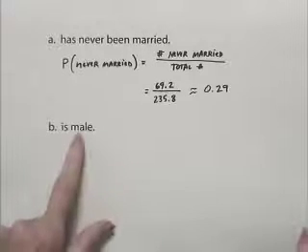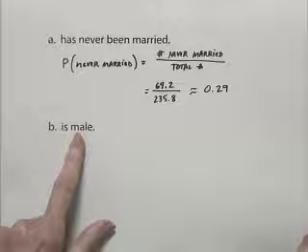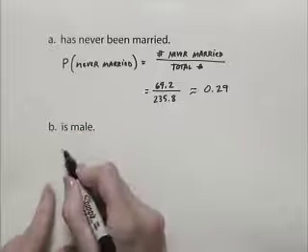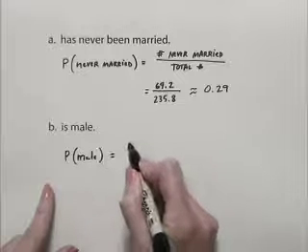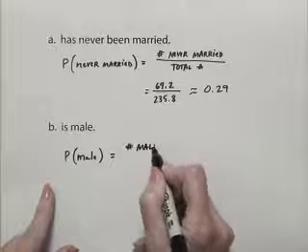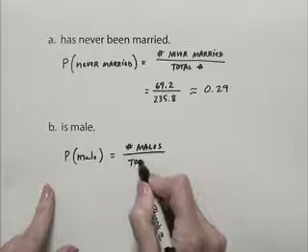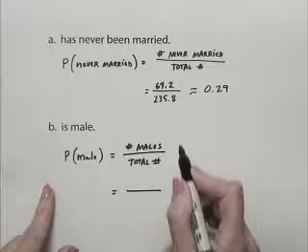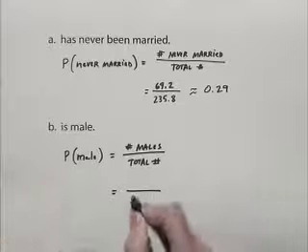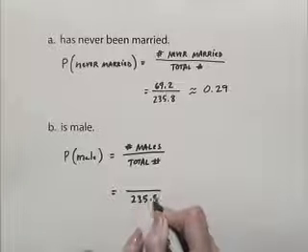Then, what would be the probability of choosing someone who would be male? To determine this, we take the number of males and we divide by the total number. Now, the total number is going to be the same as we had in the previous problem, so that's 235.8.